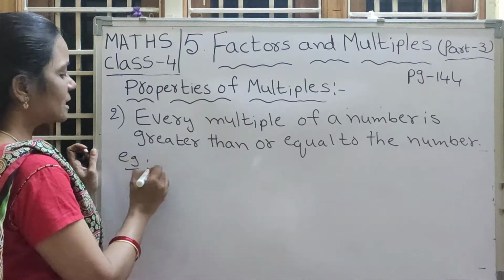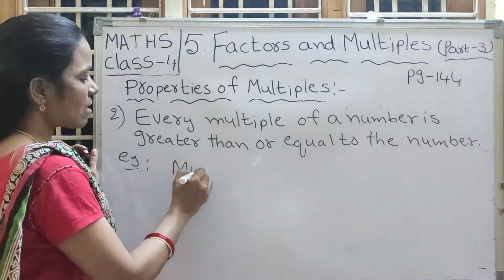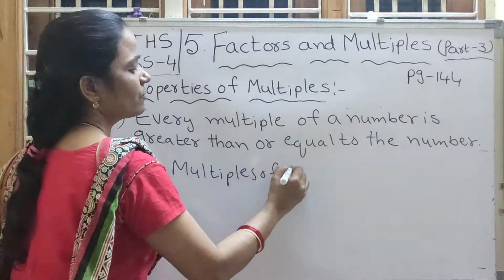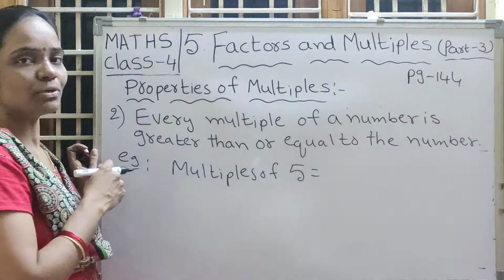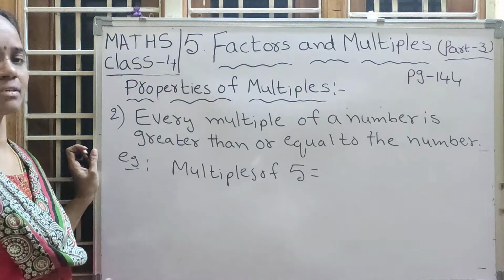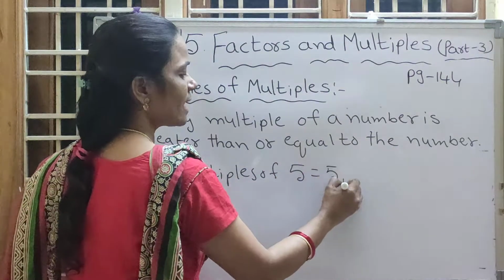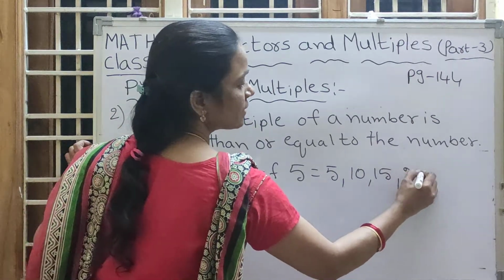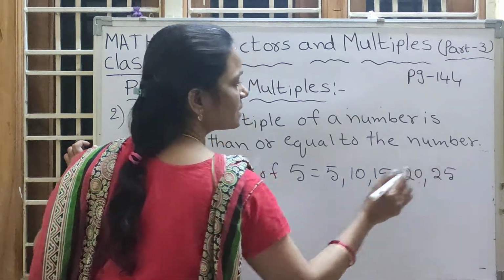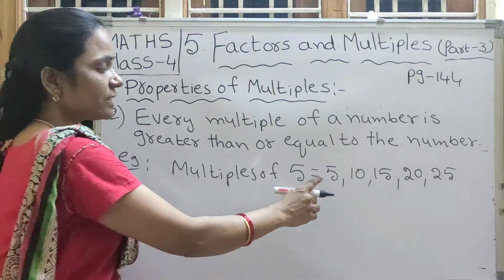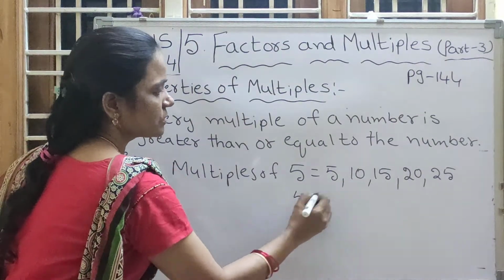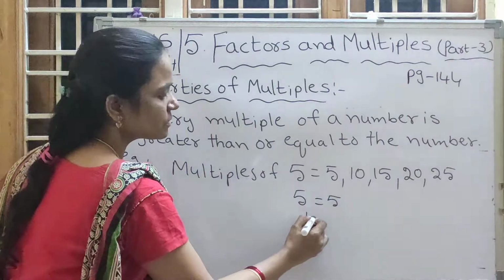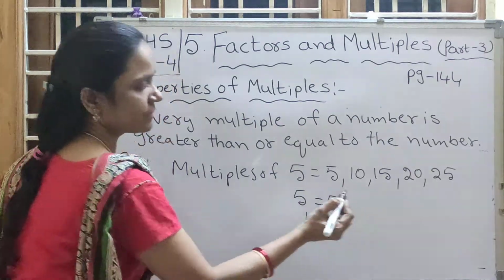For example, take multiples of 5. Write down the 5 table. 5 1s are 5, 5 2s are 10, 5 3s are 15, 5 4s are 20, 5 5s are 25. Now observe each multiple. The first multiple is 5, so 5 is equal to 5. The second multiple is 10, and 10 is greater than 5.